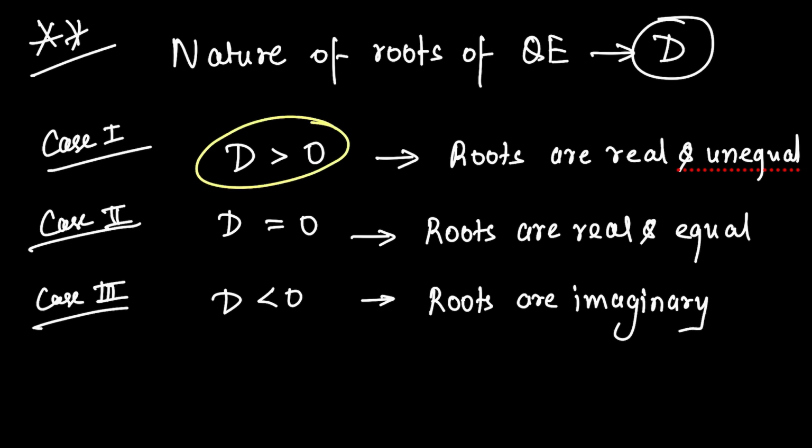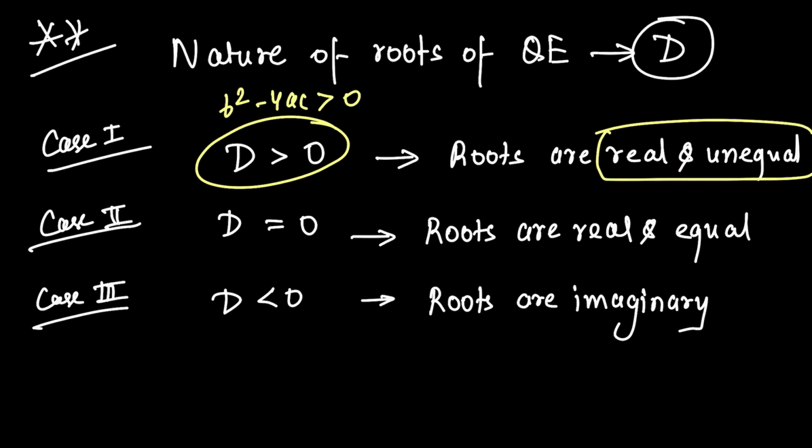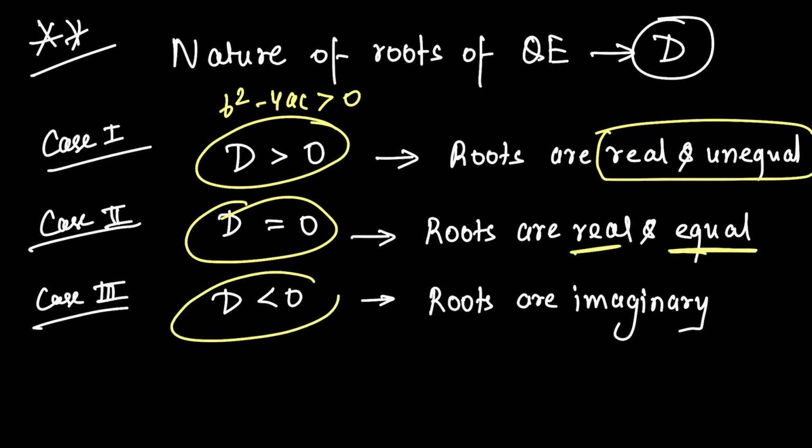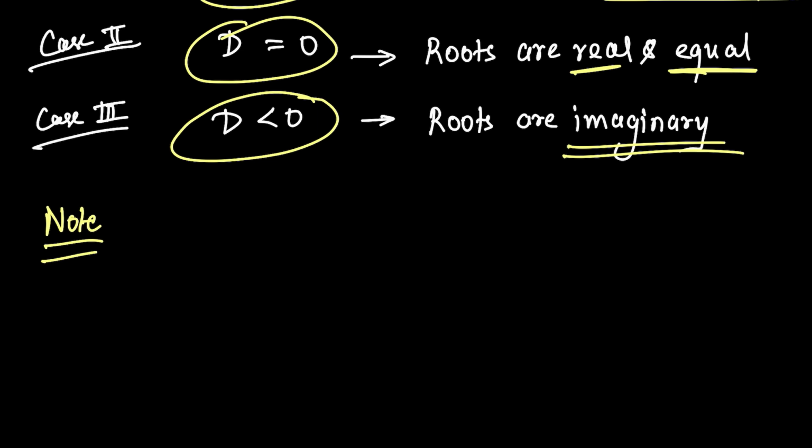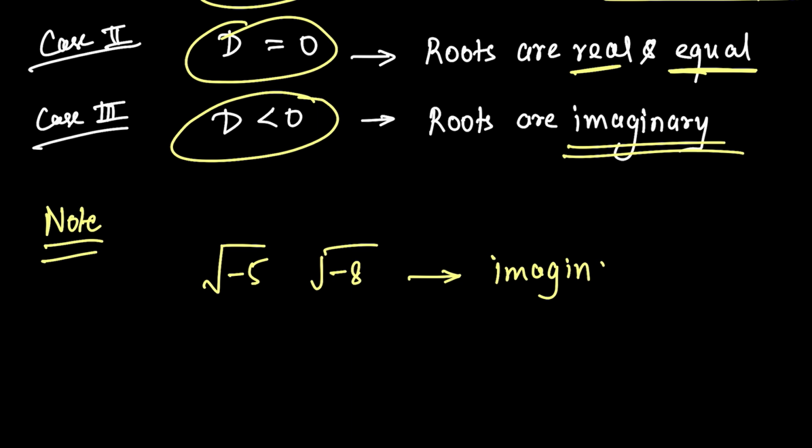So when D is greater than 0, that means b square minus 4ac is greater than 0, your roots are real and unequal. When D is equal to 0, roots are real and equal. D is less than 0, roots are imaginary. Square root of a negative is always an imaginary number. For example, under root of minus 5 or under root of minus 8, etc. It's an imaginary number. We'll be studying this in class 11th, so you don't have to worry about this.